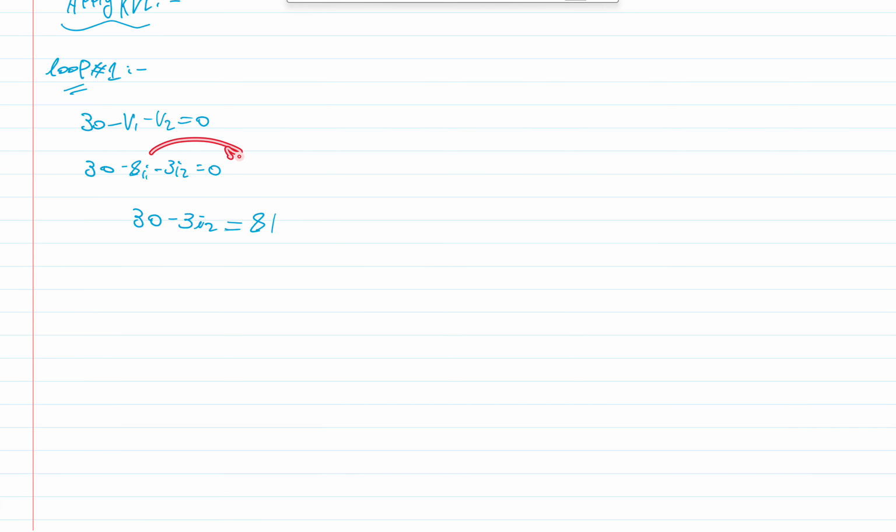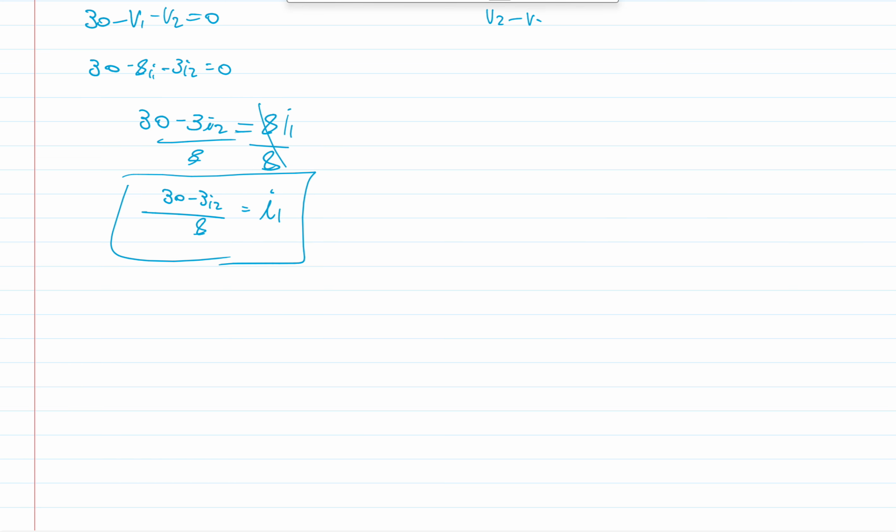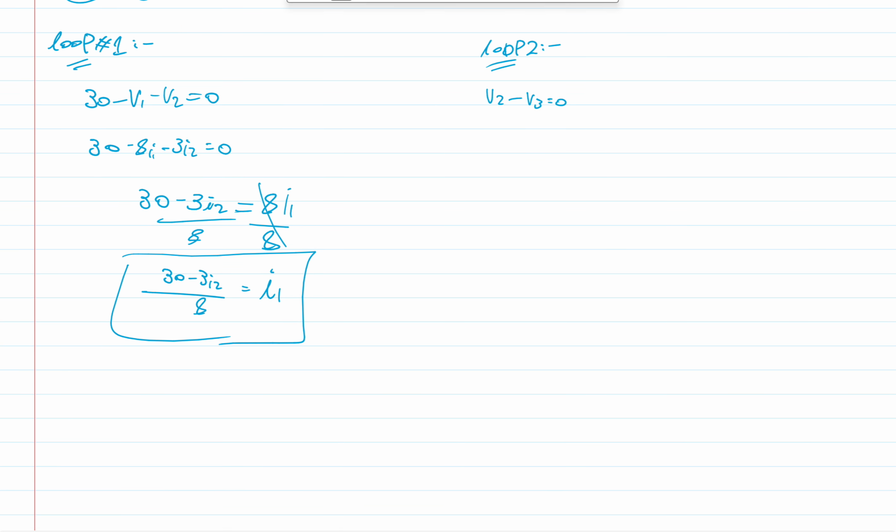Just need to make that clear. Minus V3 is equal to 0. And V2 is equal to V3 on the other side. We just place those values. So 3I2 is equal to 6I3. Yeah, 2. This is going to become I3. 6, these get cancelled. So now we end up with I3 is equal to I2 over 2.